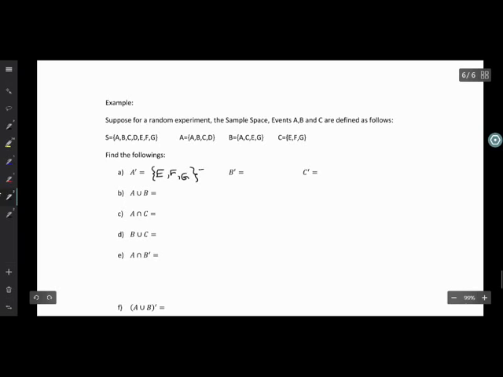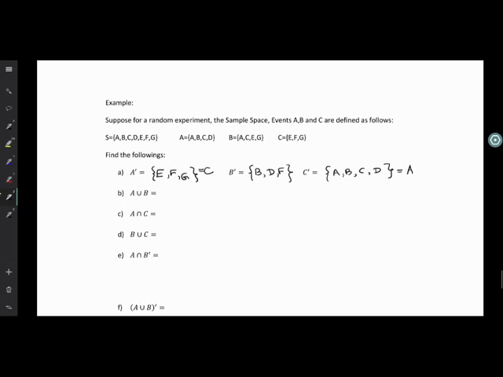So A's complement is exactly C. What is B's complement? B contains A, C, E, and G. So the remaining in the sample space, that will be B, D, and F, will be B's complement. Then C's complement will be A, B, C, and D, which is exactly A.